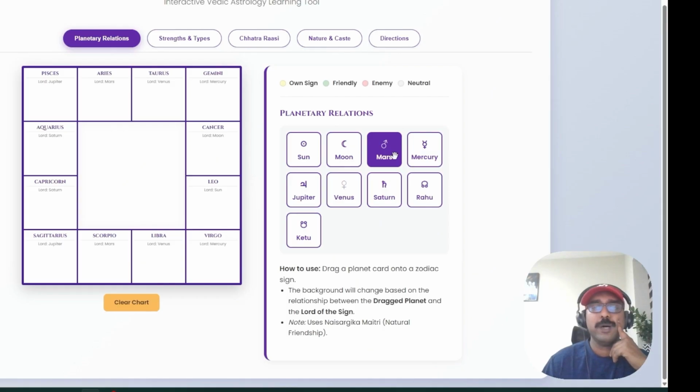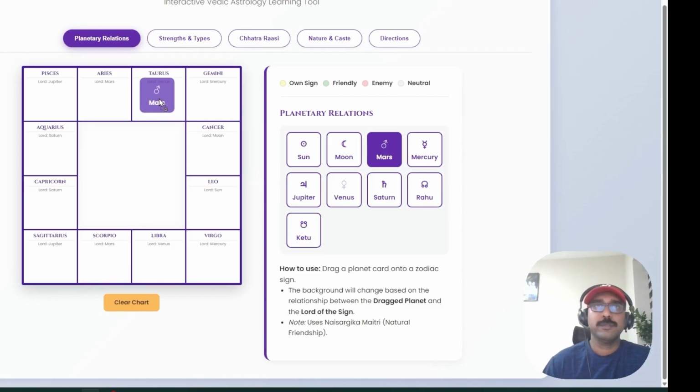And that's for Moon. And let's go with Mars. So let's start with Mars. For Mars, Venus and Mercury are friends.